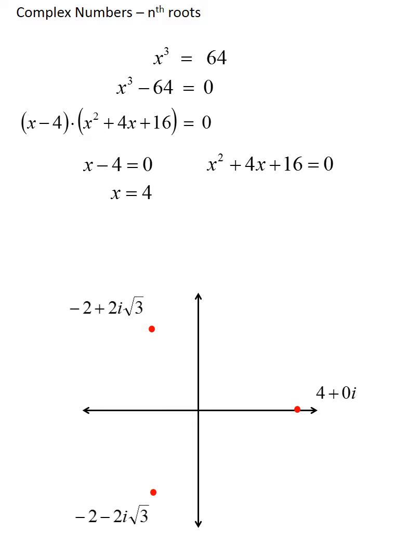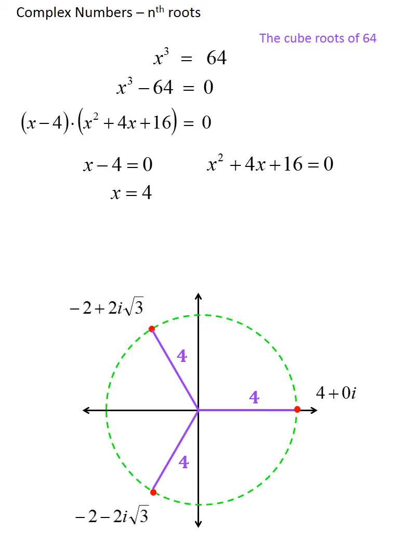The first thing that was noticed is that all of these points, these complex numbers, which they call the cube roots of 64, were all the same distance from the origin. More generally stated, they had the same modulus.